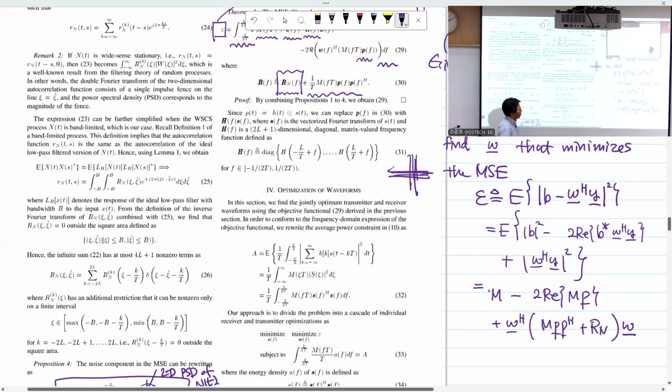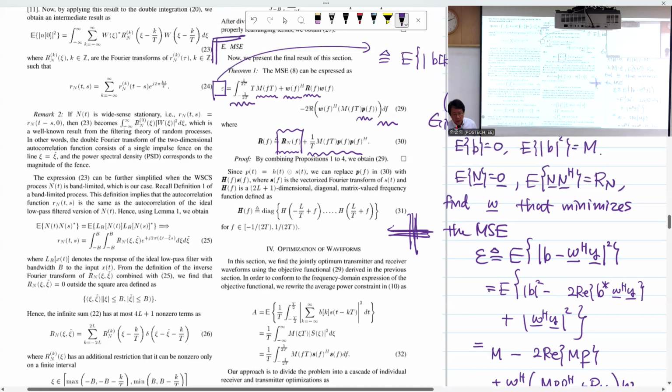So this is the mean squared error. And given that, we want to minimize this value by finding the optimal W. Let's compare everything term by term to keep it simple. Yes, there is some scaling problem because of the integration, but you see there is a one-to-one correspondence.